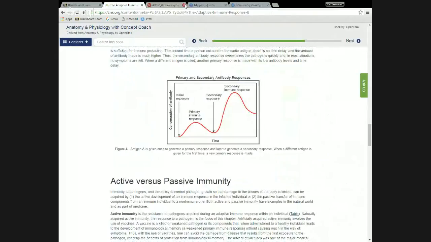So these two parts of the curve could easily be not just primary response and secondary response, but vaccination and immunity. We don't label them vaccination and immunity, but vaccination stimulates the primary response so that you're immune to something, and every subsequent exposure to it is going to be a secondary response.